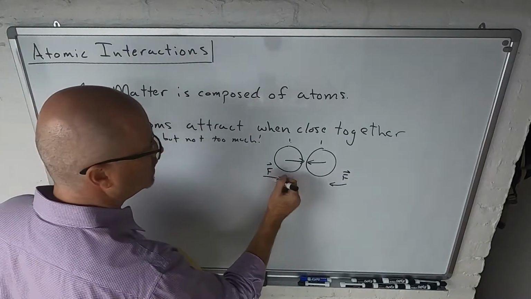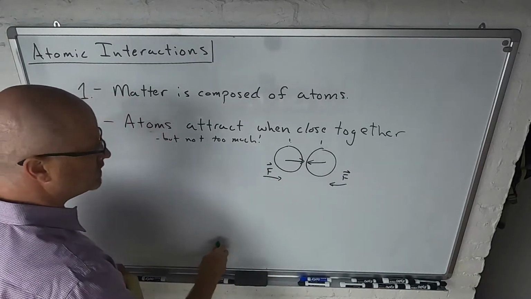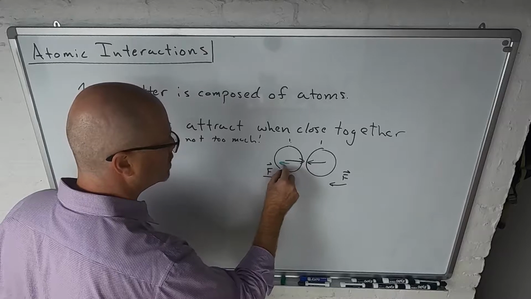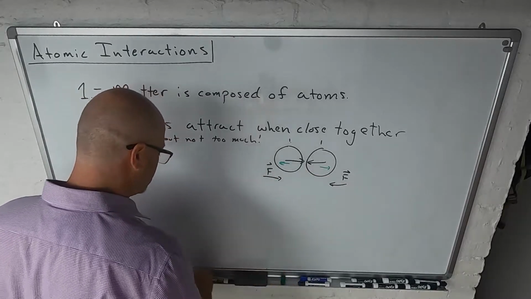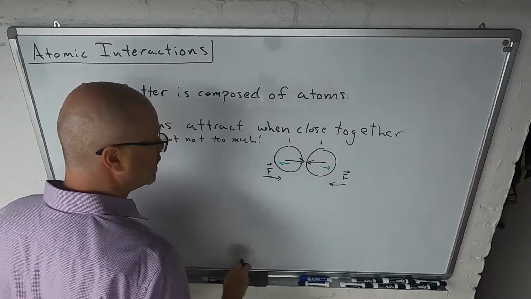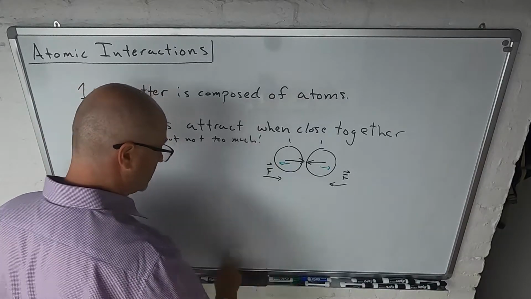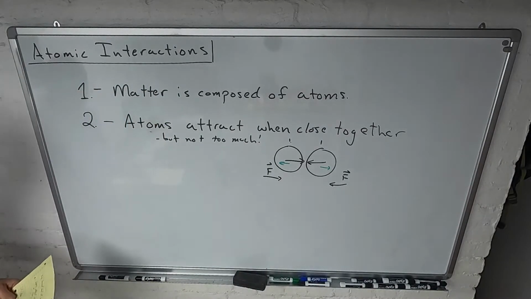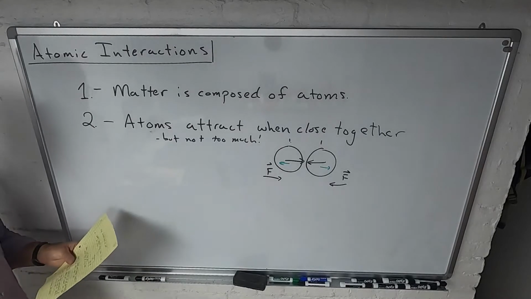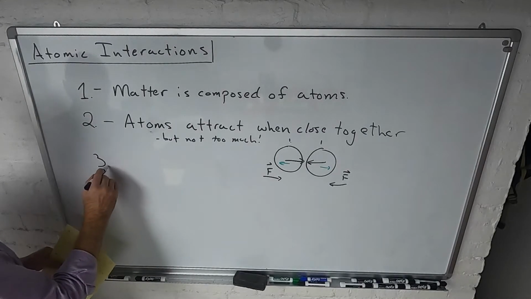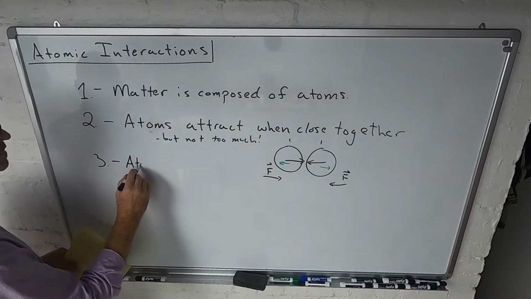So now, if I try and go too hard, these atoms are going to push back. And there are fundamental physical laws that were discovered during the era of the 1920s that helped us understand why that would happen.